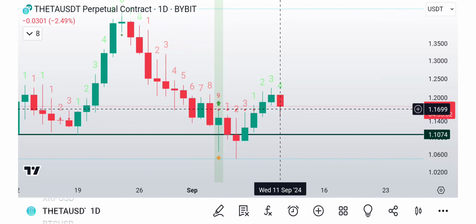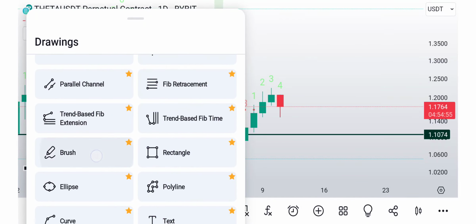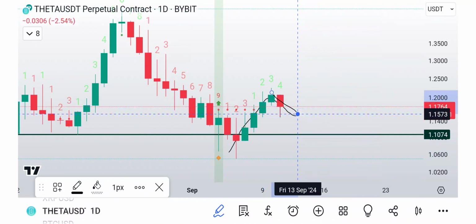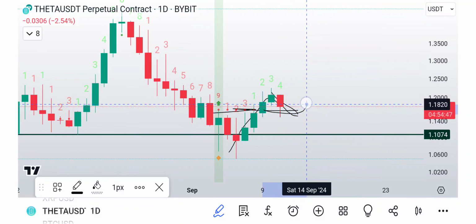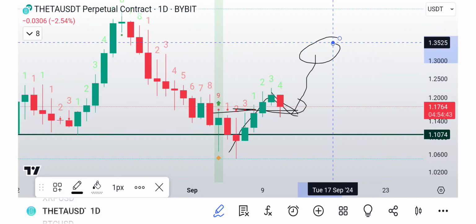Well, that's the thing. I believe this is probably going to be some kind of wave 2 in here, so we're going to pull back probably a little bit more, maybe consolidate here and then continue higher up into this retracement level.